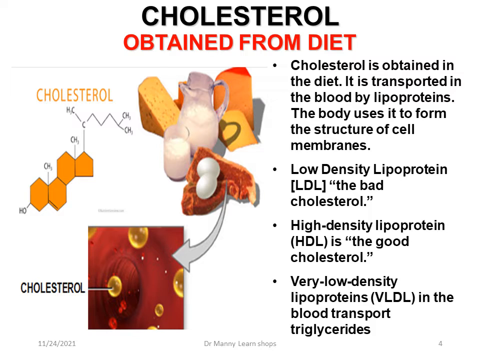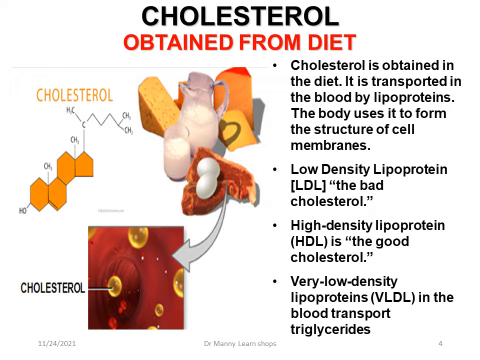Okay, cholesterol obtained from the diet, when we eat, it's transported in the blood by lipoproteins. Now the body uses cholesterol to form cell membranes. It's very important. You've got to have cholesterol. That's why the liver makes it, 70%.